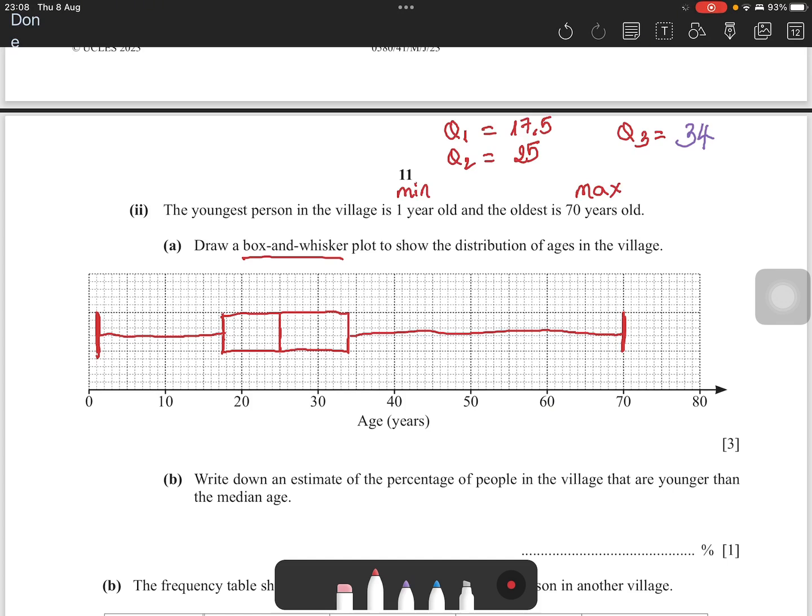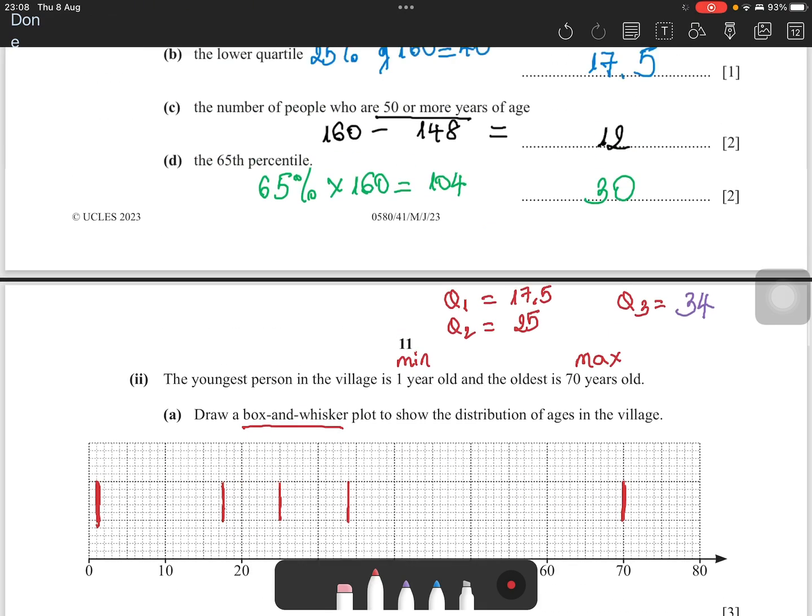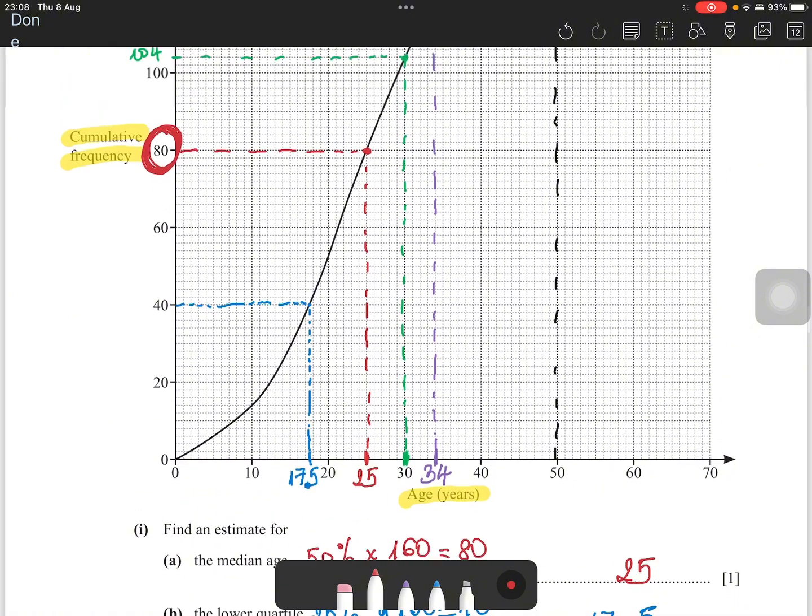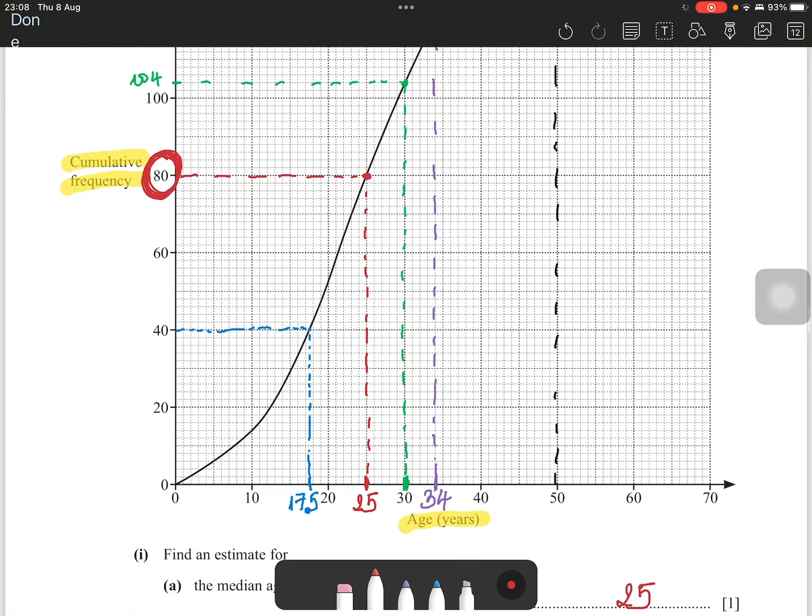B. Write down an estimate of the percentage of people in the village that are younger than the median age. You know the median age is 25 years. So let's check the diagram. 25 years corresponds to 80 people.